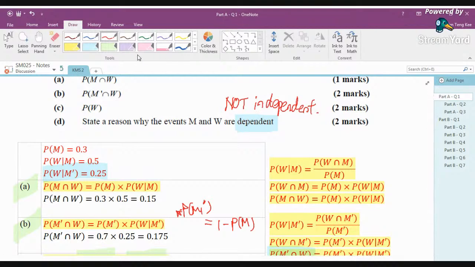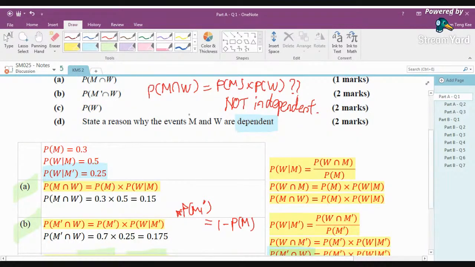So when you are talking about independence or not, what we want to check is whether the intersection of these two events happens to be the same as the multiplication of the probabilities P(M) and P(W). Do they happen to be the same? I put a question mark there because it is not yet proven they are the same. We need to investigate to find out.